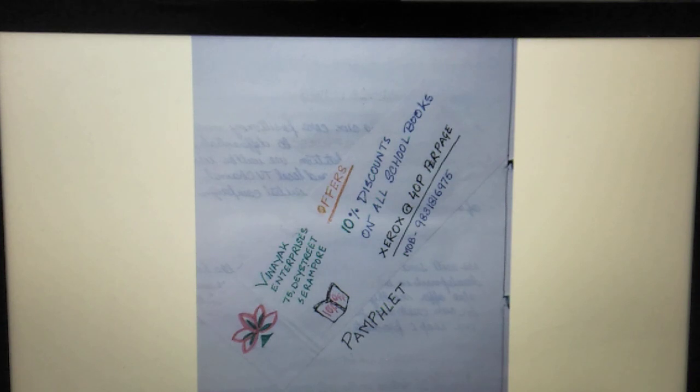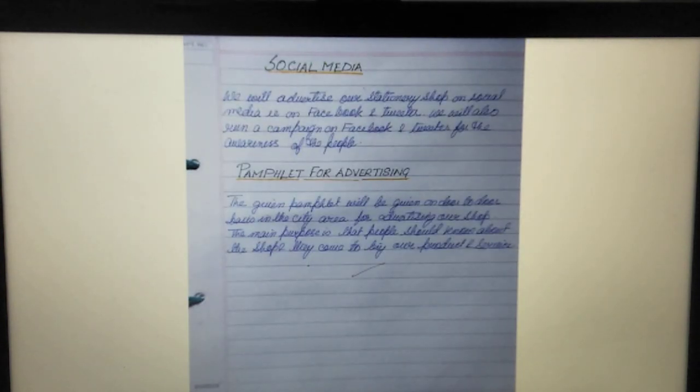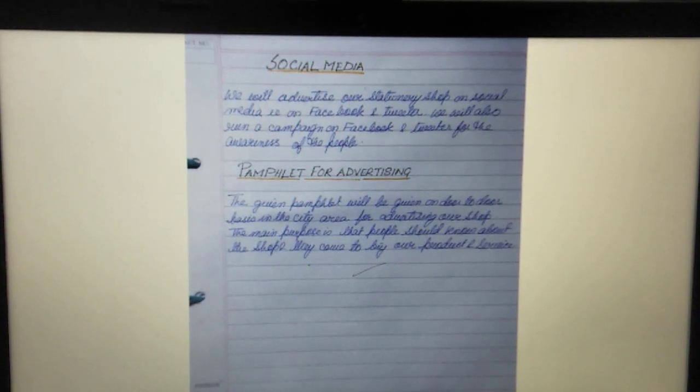In this way you can make the picture of the pamphlet, or you can add many more pictures of your pamphlets. Okay. Then comes the social media, then the pamphlet for advertising. So these are the different tools in which the advertisement or the promotion of the product will be done.